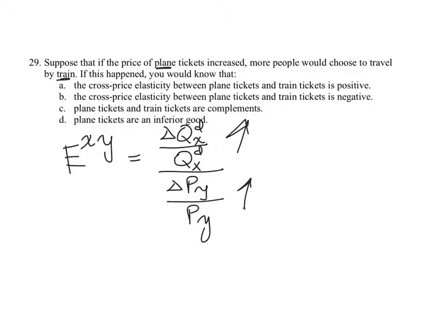If the two goods were substitutes, let's say two goods are romaine lettuce and iceberg lettuce.